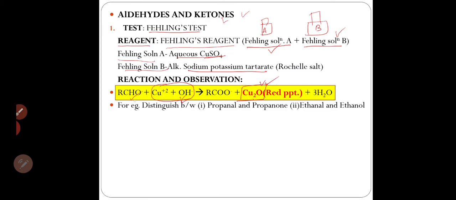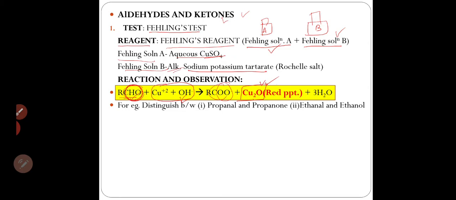Now here the aldehyde, so these are all oxidation reactions. This is an oxidation reaction. Whenever your aldehyde gets oxidized, as I've already told you, it will convert to acid, to carboxylic acid. Now since alkaline is mentioned, there are sodium, potassium, ammonium.